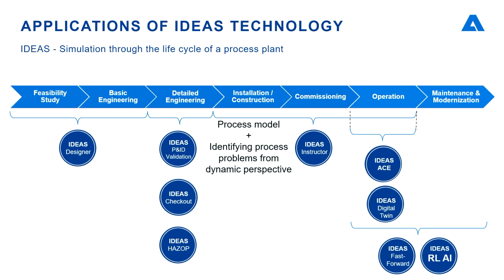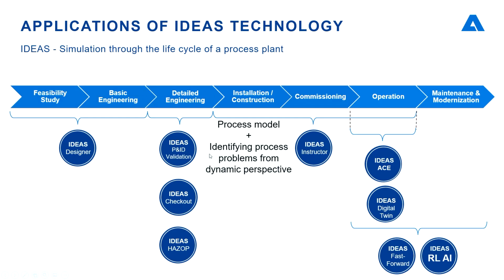We're all engineers, we all make mistakes, and we are able to capture all those process mistakes or shortcomings during the PNID validation. So think about it as an insurance, and also as something that helps you understand whether my process, the day that I start ramping up, is going to bring the values that the design was promising or not. That's what we call the PNID validation, and that's the detailed engineering stage.